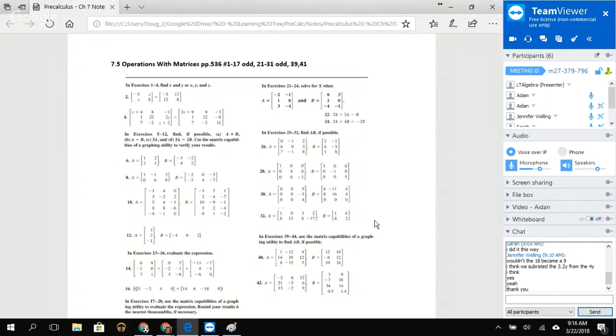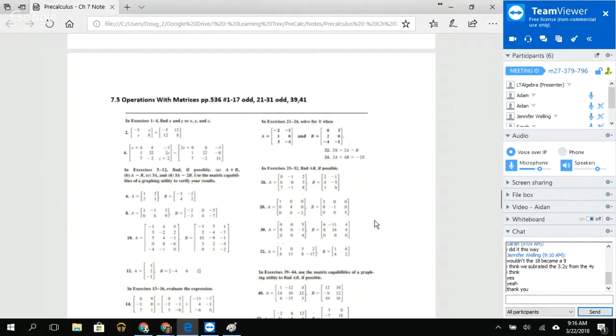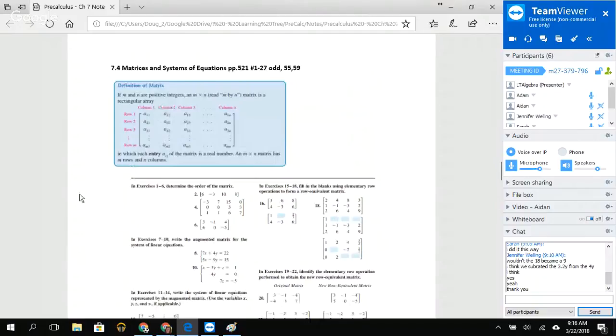So if I scroll up a little bit, sorry for all the scrolling. If you recall, when we talk about a matrix, we talk about the number of rows by the number of columns, and that's how we define the matrix. So if we have m rows and n columns, this would be an m by n matrix. It's hard to say over a call, right?